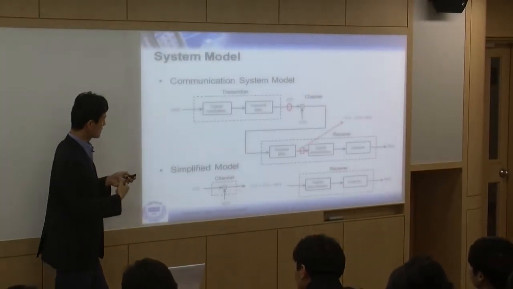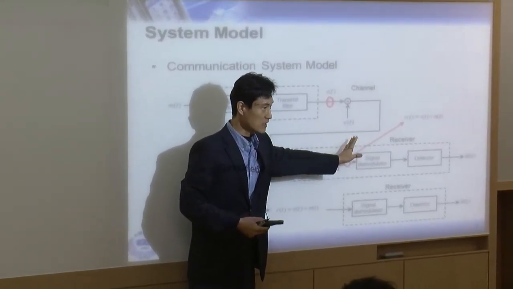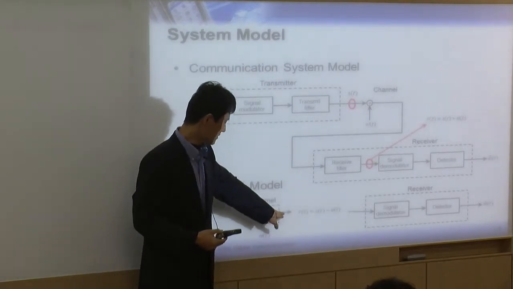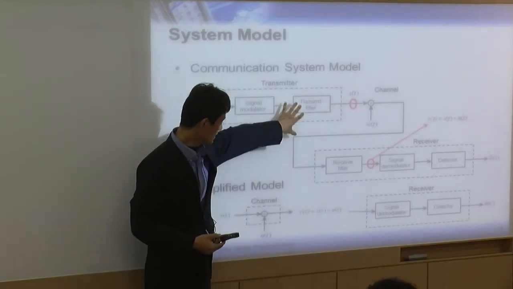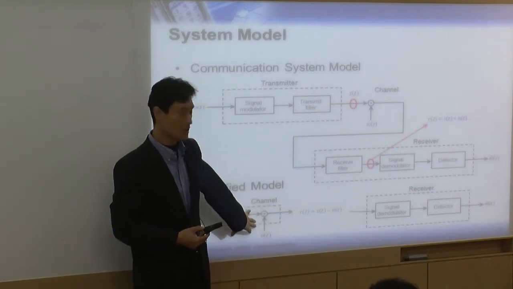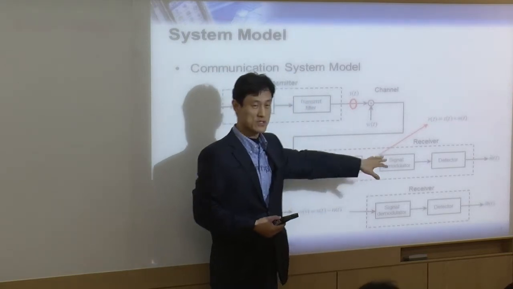Let's go back here. Here's r(t). This model and this model are the same thing, right? This is just a simplified model. So we are starting from here because we are going to talk about the receiver now.